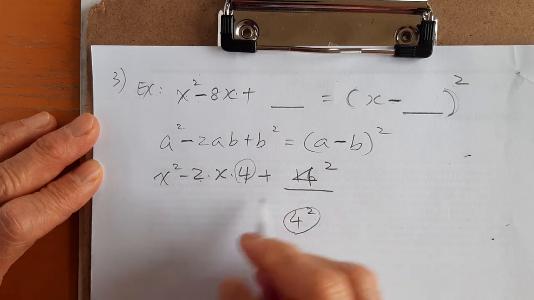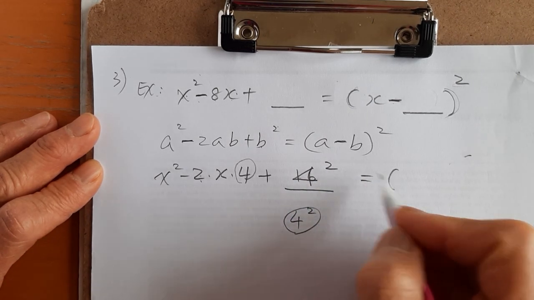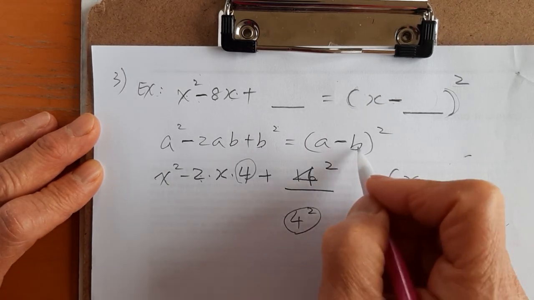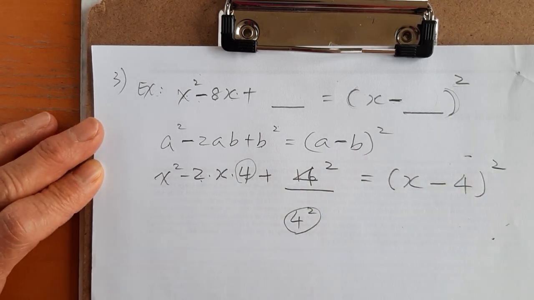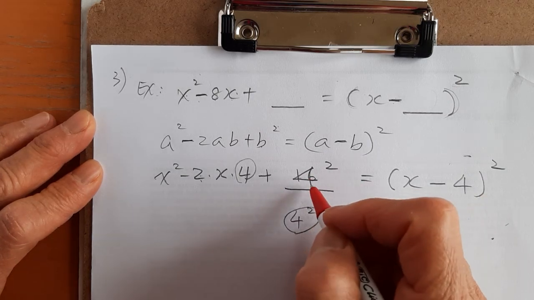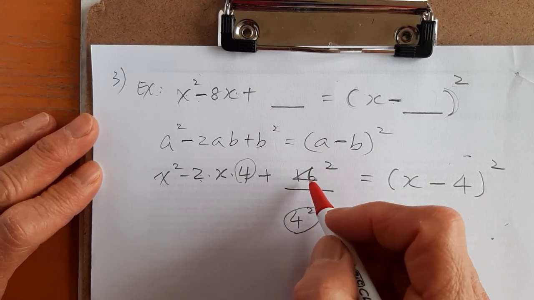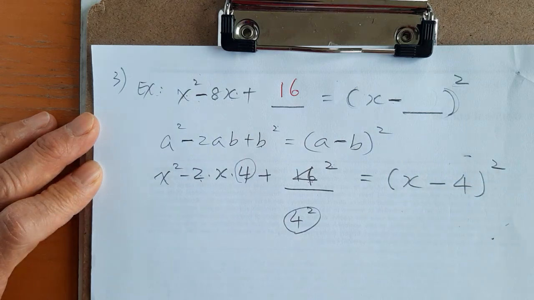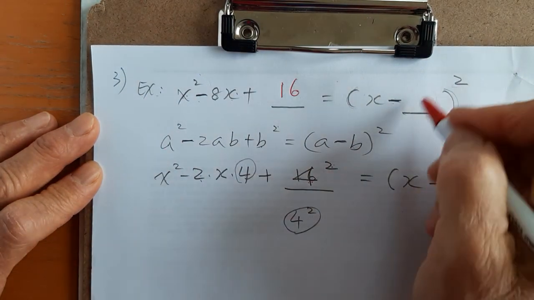So you fill in 16. This is 4 squared, and it should equal the quantity x minus b squared, where b is 4. Here, when filling in the blank, you cannot just put 4 squared. You have to figure out 4 squared is 16. Put 16, and then here is 4.